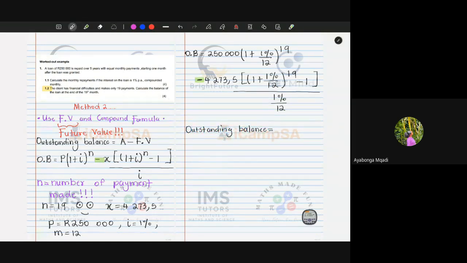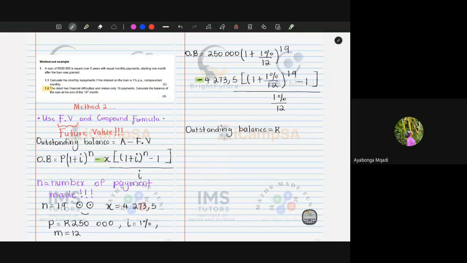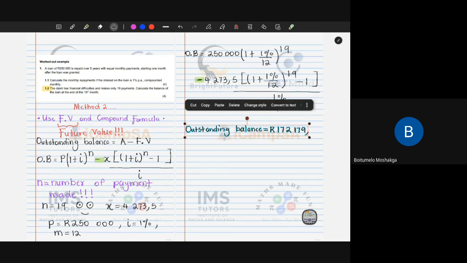Anyone who has it? What is the answer? It should start with 172. You can give me the other numbers. 179, 179.8, 179.8.